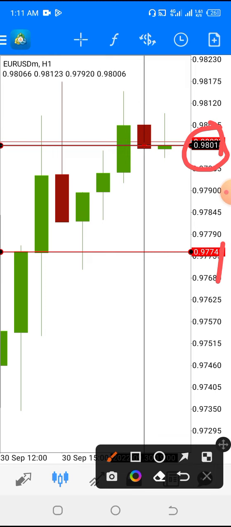Now, you're only going to consider these four digits, 9801 and 9774. Because you're expecting price to drop, you subtract this from this, then you will be able to know the amount of pips. So what is it? 9801 and 9774.